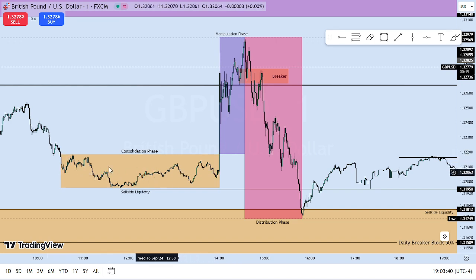It's our consolidation phase. That is price being in a consolidation move, time distortion, against the FOMC news on Thursday.